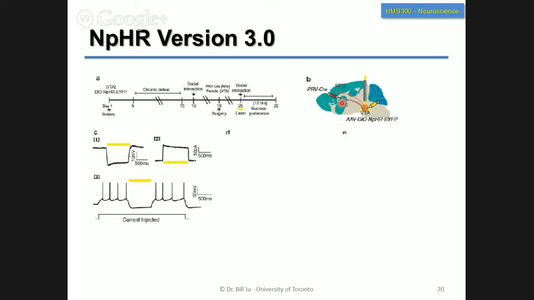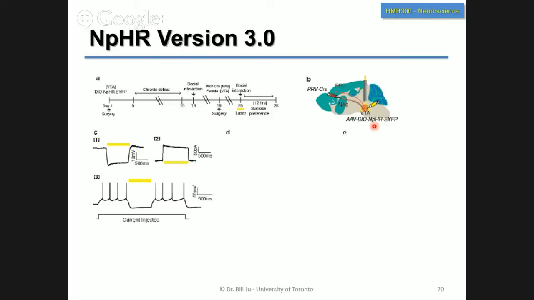So again, using the same system that we talked about before, only at the level of the nucleus accumbens, injecting the pseudo-rabies virus containing Cre recombinase that gets retrogradely transported back, and now injecting the adenovirus that contains halorhodopsin, they're able to show that you can reverse the phenotype.